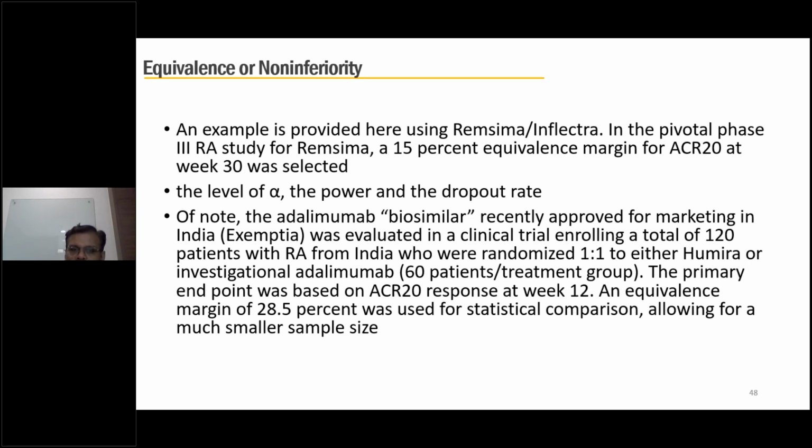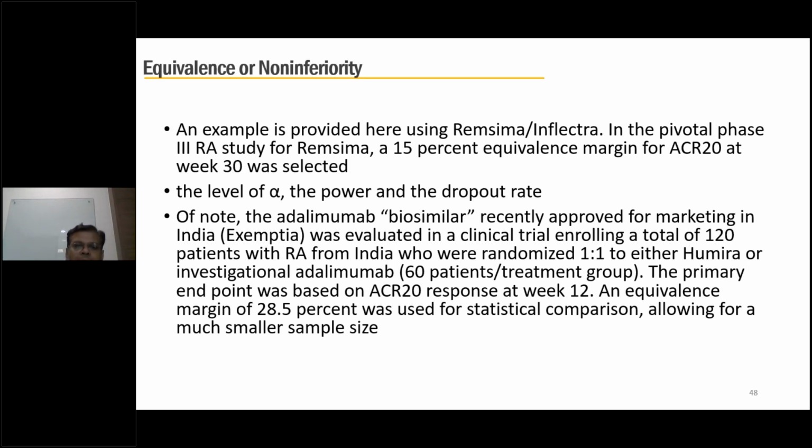So that is a tight one. And when it comes to the Zydus one, which they did for marketing in India, the margin was 28.5. So there's a huge margin, and so the sample size would be less, and there is a high probability that you may be as good as the innovator, and you get a permission.